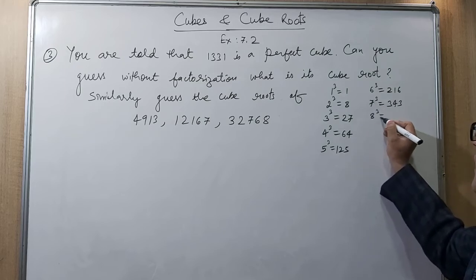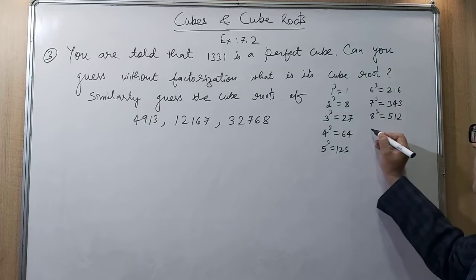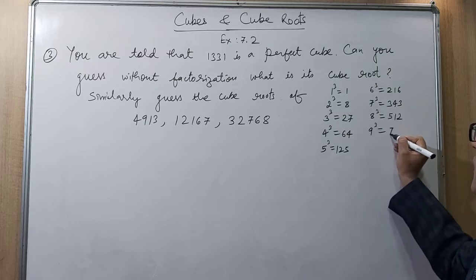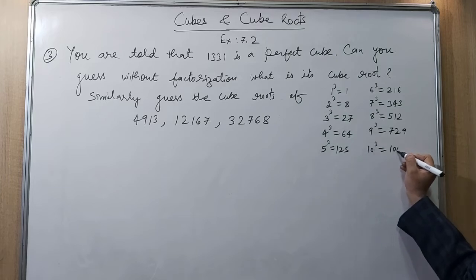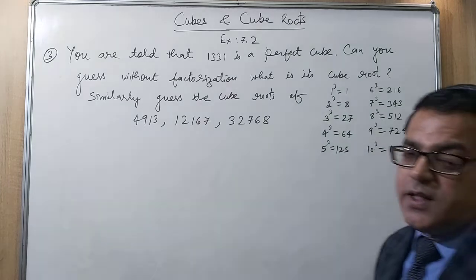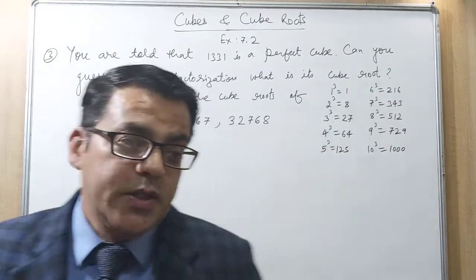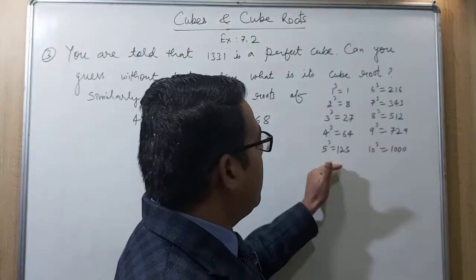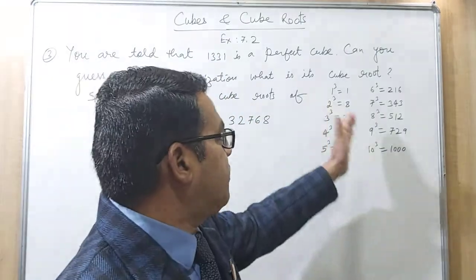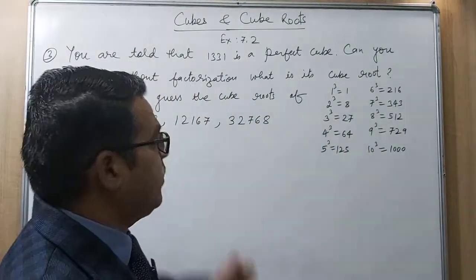Cube of 8 is 512. Cube of 9 is 729 and cube of 10 is 1000. So these are the cubes of numbers 1 to 10. First, you need to know the cubes of numbers from 1 to 10. This is very important to solve this question.